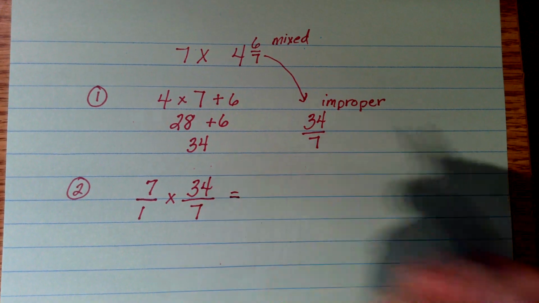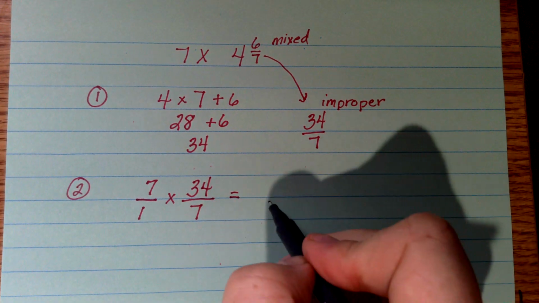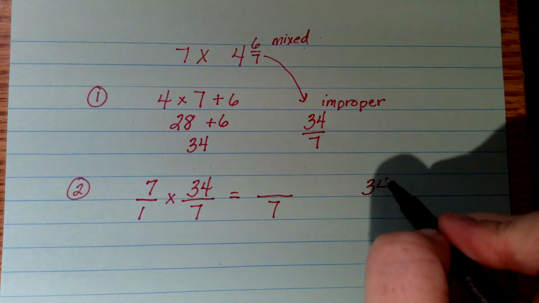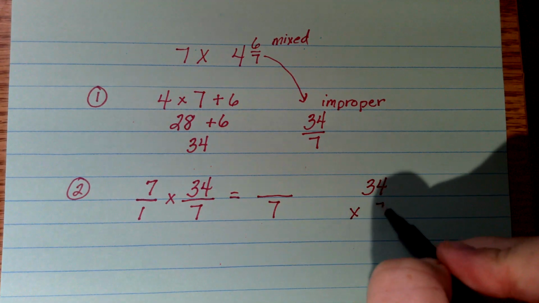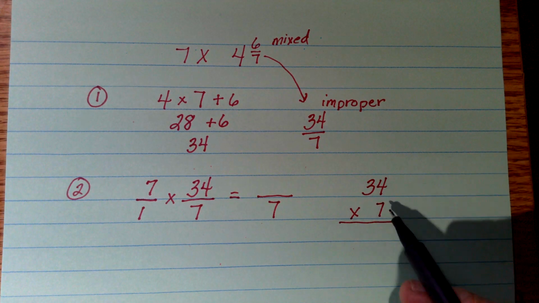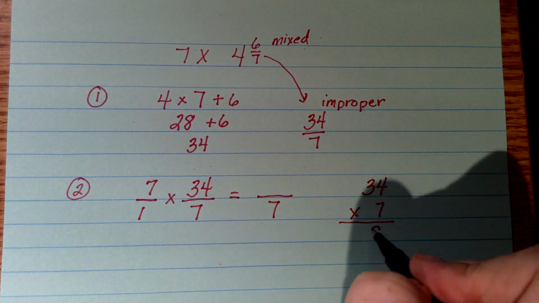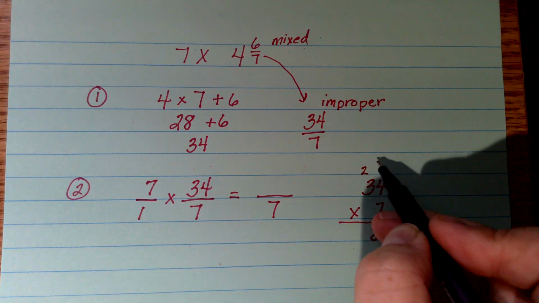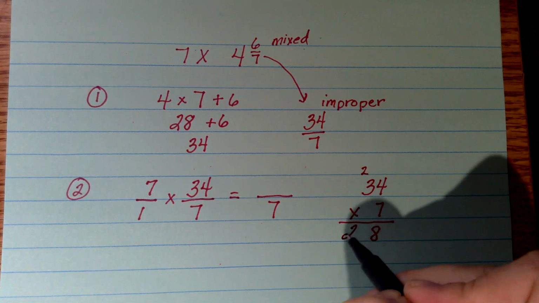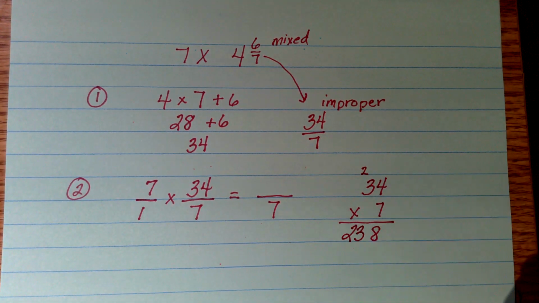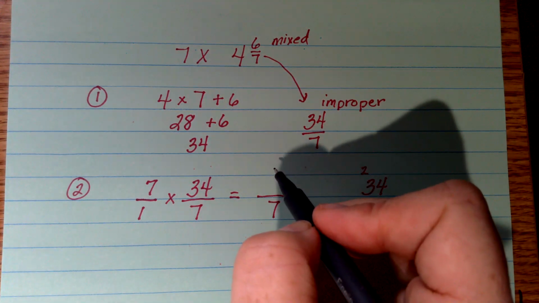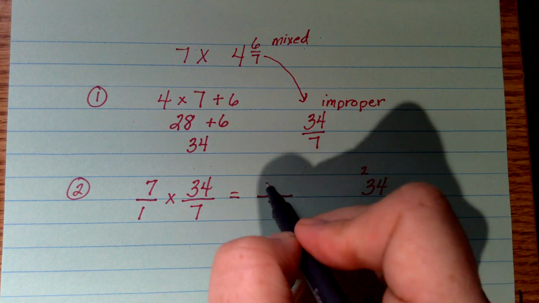So in that, our denominator is going to stay 7, and I have to do 34 times 7. 7 times 4 is 28. 8 carry the 2. 7 times 3 is 21, 22, 23. So I know that that's going to be 238/7.